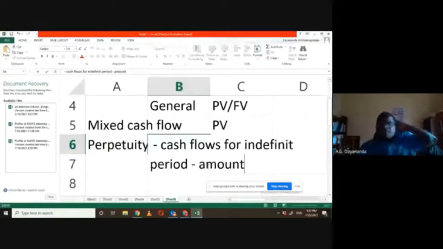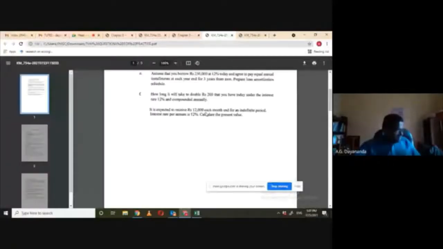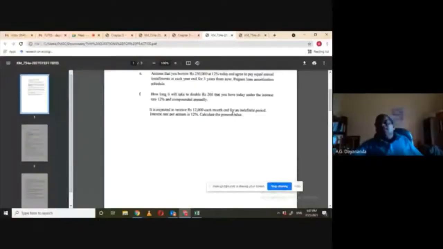What is our example? In our example, you are receiving 12,000 each month, at each month end. So this perpetuity is really general. Each month end for an indefinite period. What is the present value?